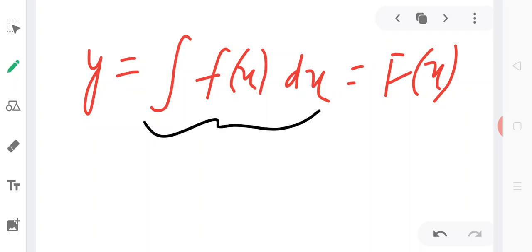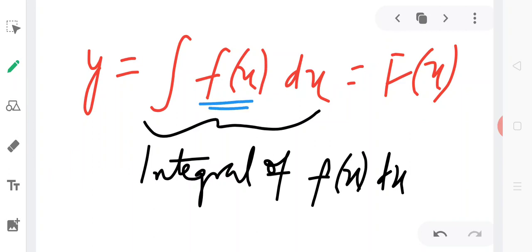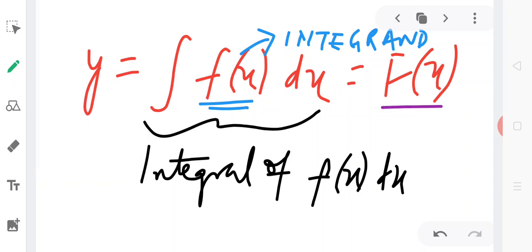This entire thing is read as integral of f(x) dx, where f(x) is called the integrand, while y is called the integral or primitive function of f(x).